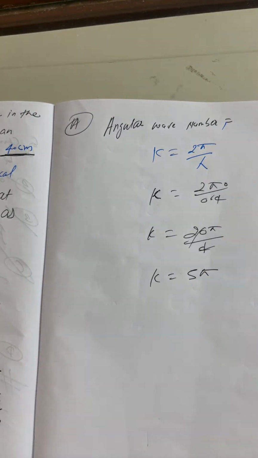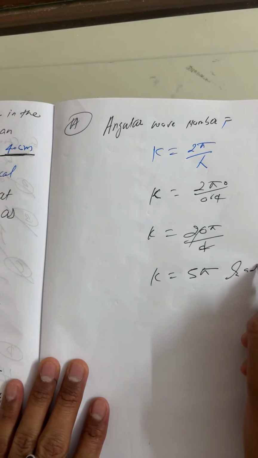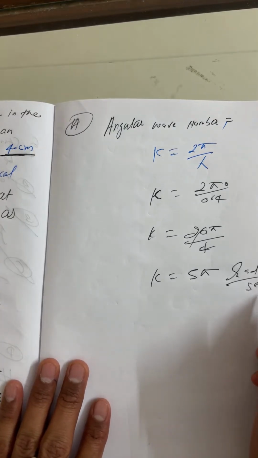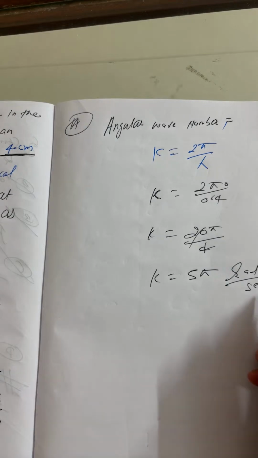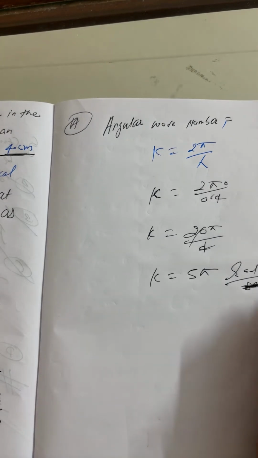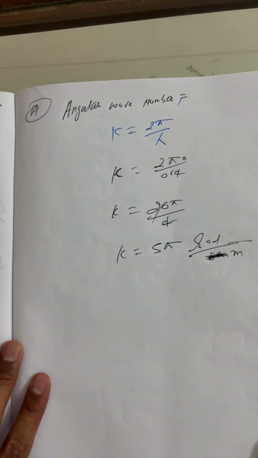This is 5 pi radian per meter. It's not per second, my bad. Radian per meter.